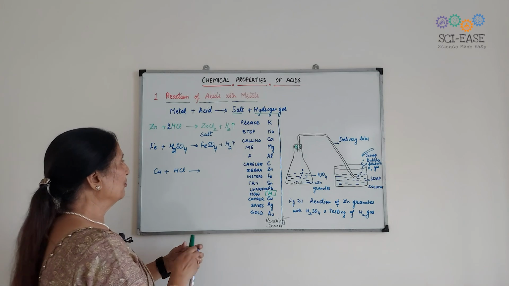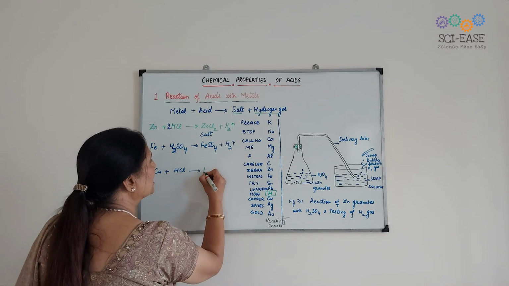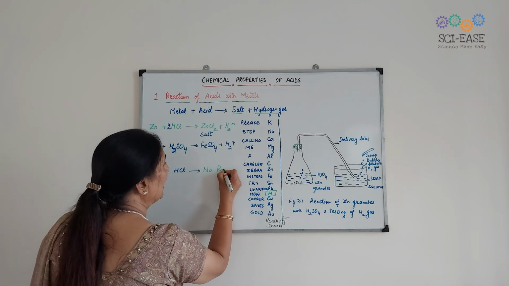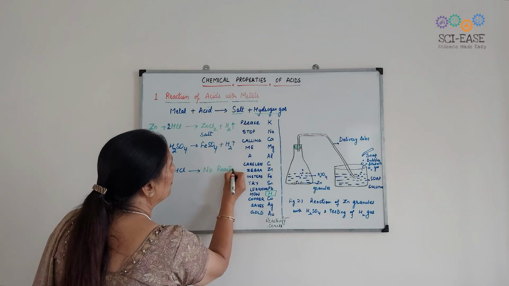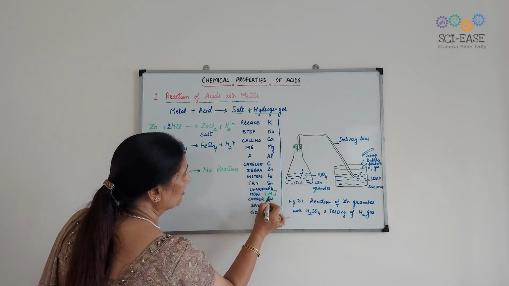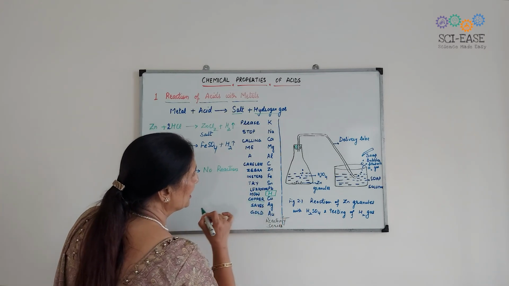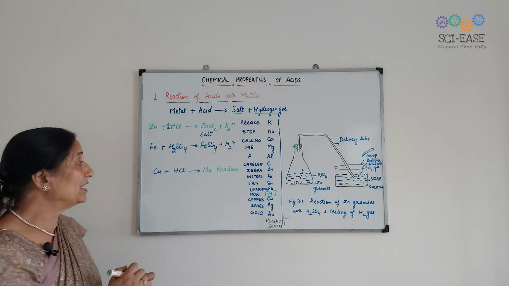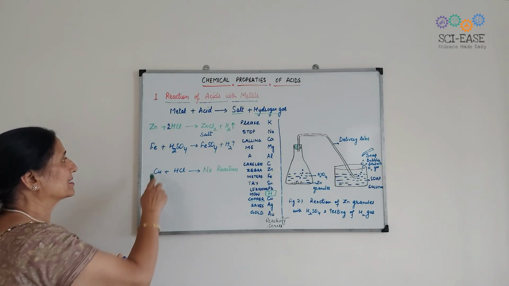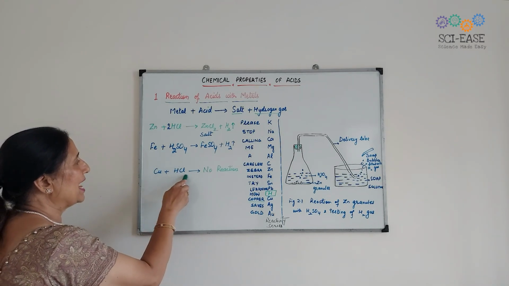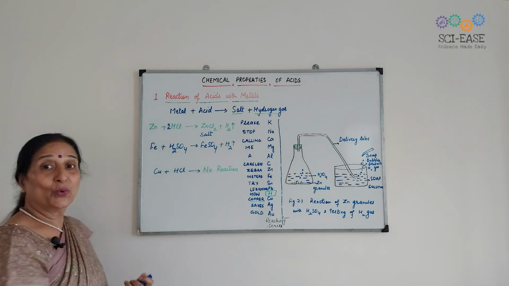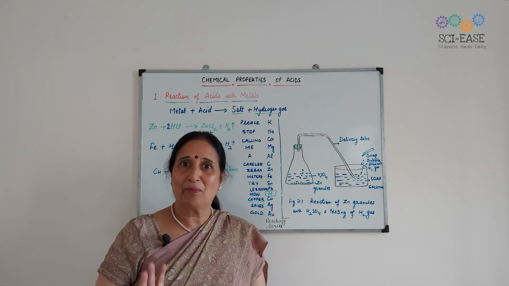You will write here, no reaction will take place. Why? Because copper is less reactive than hydrogen. It cannot displace hydrogen from HCl. So here no reaction will take place.